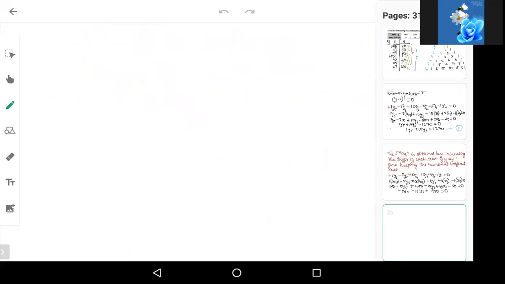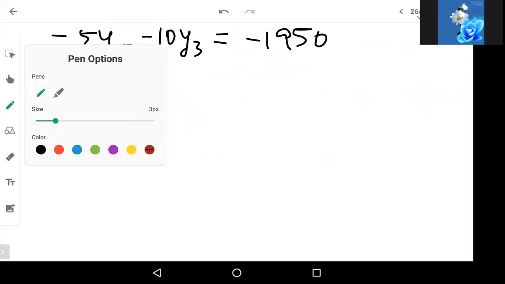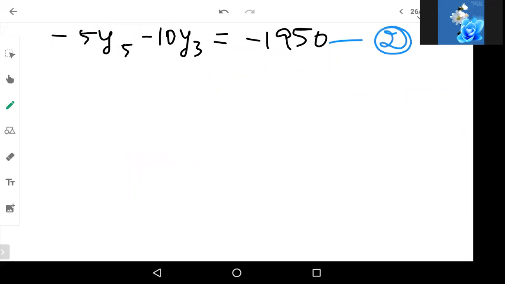So the second equation will be minus 5y5 minus 10y3 is equal to minus 1950. So this will be your equation number 2. Is it clear? Any doubts until here?